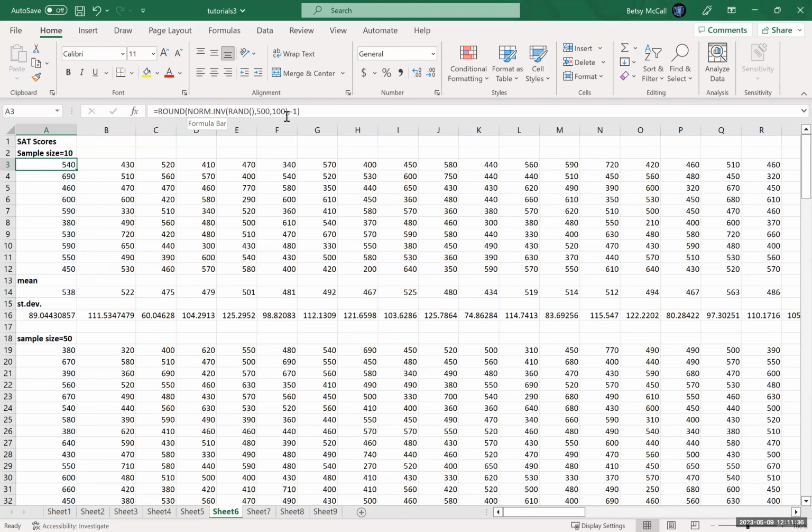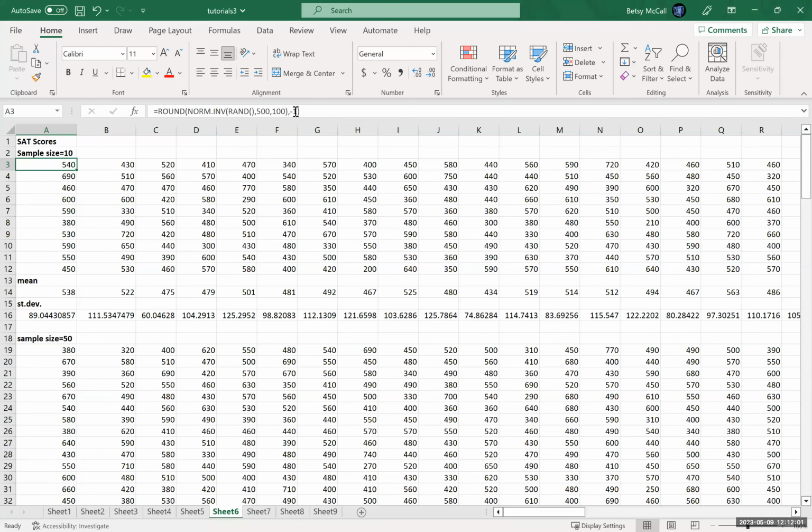Now, percentiles generally are going to export decimal place values, and when you take the SAT, you don't get decimal place values. You don't even get values that have the final digit. They're just all rounded to the nearest 10 points. And so the ROUND function around this is rounding this to the tens digit.